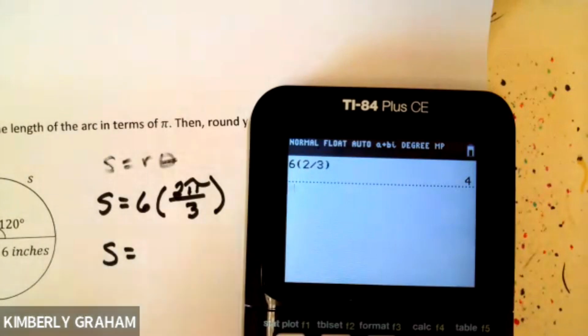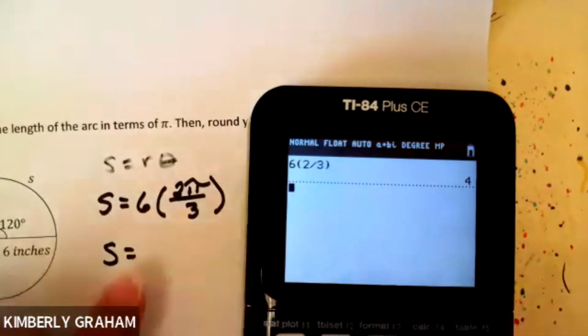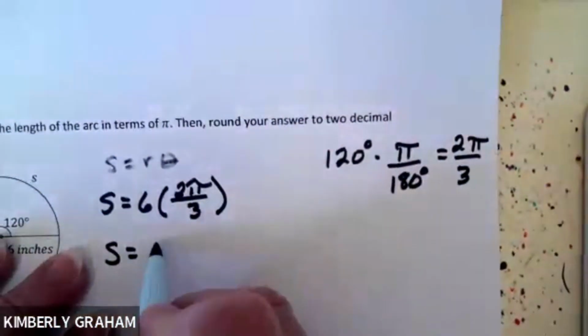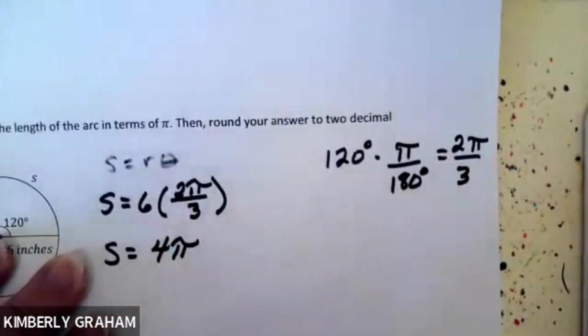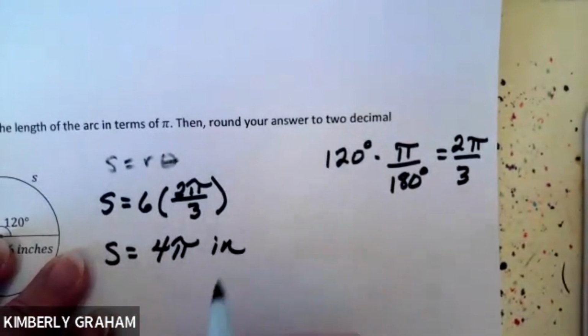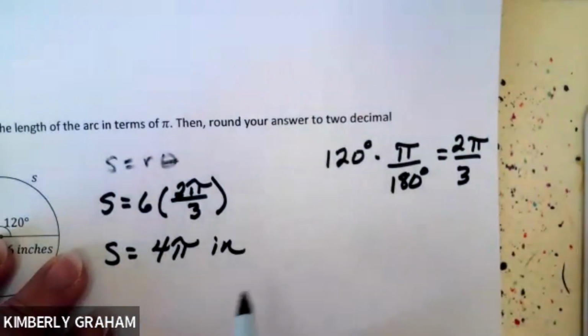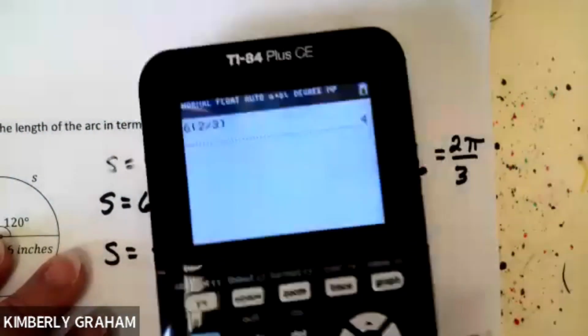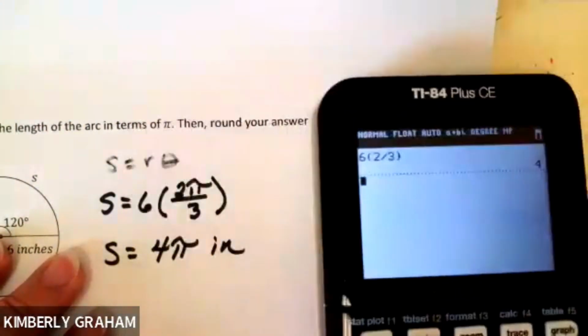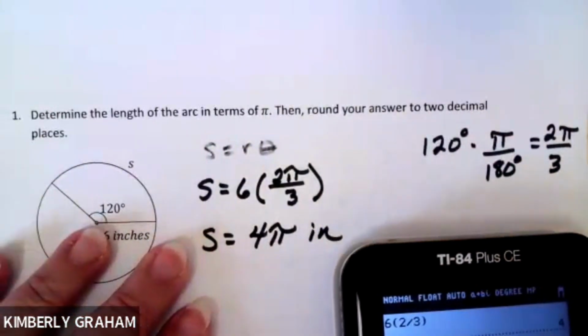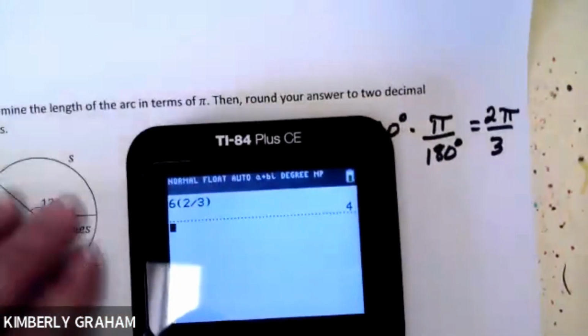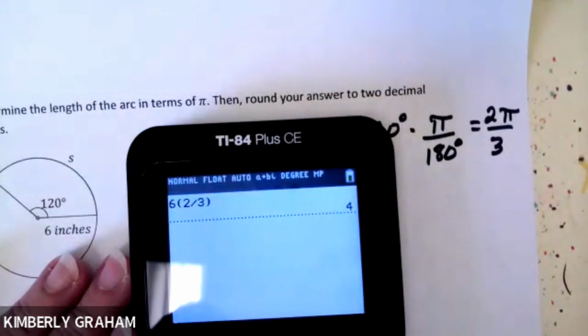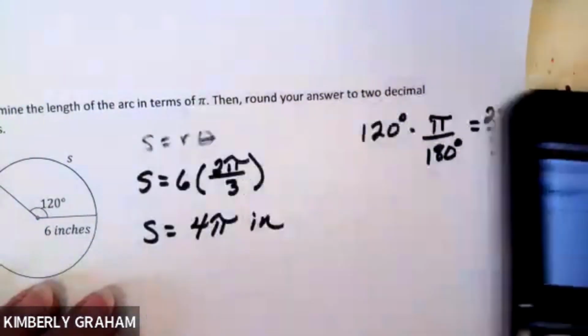Here it's a whole number. I have 4. But remember, I didn't put in the pi symbol. So this is going to be 4 pi. You have to stick that pi symbol in on your own. This is my answer in terms of pi. And then when I want to round that to the nearest hundredths place, right, 2 decimal places, I multiply my answer here times pi, and I get 12.57.